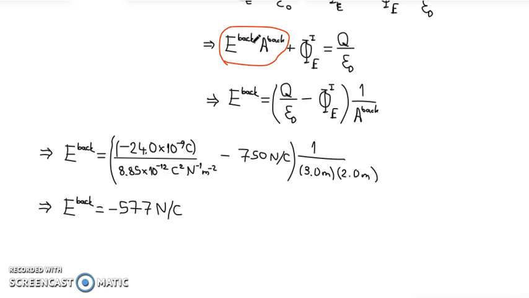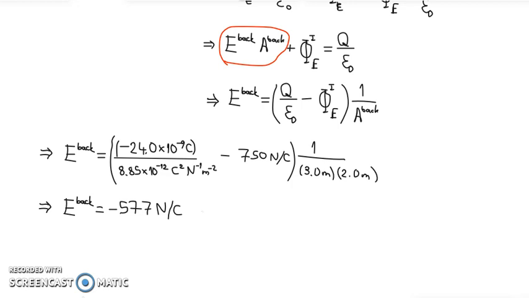So my initial assumption was that the electric field was pointing in a negative x direction, since that's the only way to have a flux pointing outward from that surface. But then I got the negative result here, meaning my original assumption for the electric field component was wrong, and the electric field in reality is pointing in the positive x direction on the back surface as well, and that means a flux into the back surface. So really this means 577 newtons per coulomb on the back surface pointed in the positive x direction.